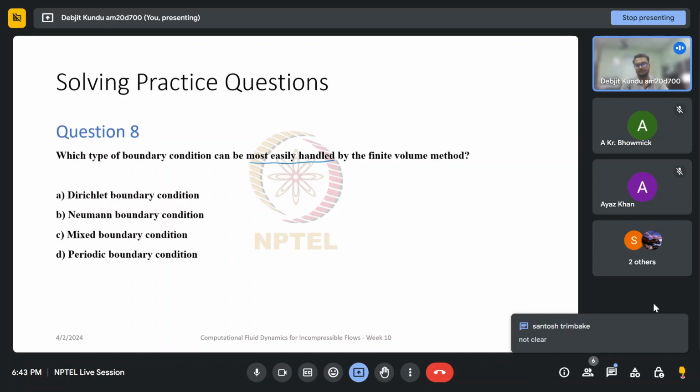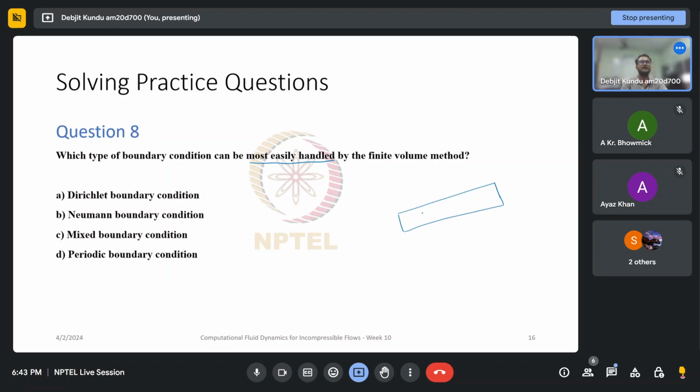Okay, so let's say I have a 1D system like this. This is my entire control volume, and I've broken this up into smaller finite volumes like this. And I need to specify some boundary condition at this point, as well as at this point.